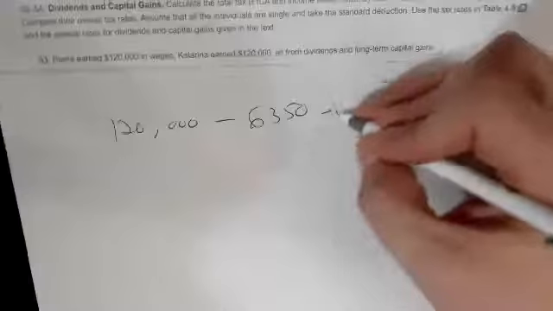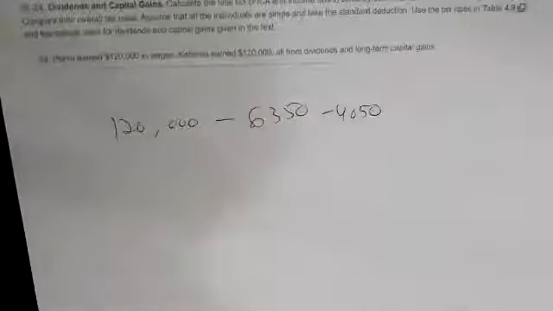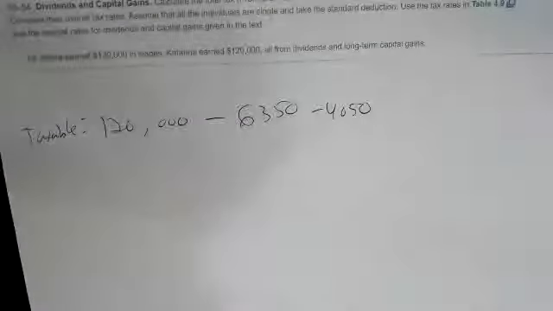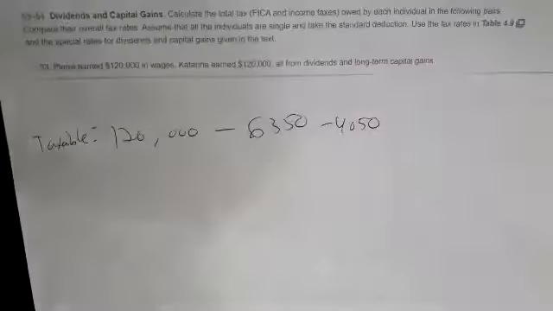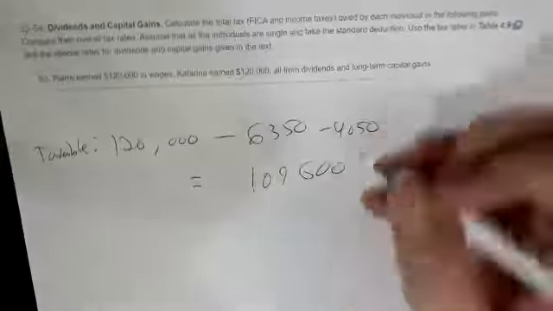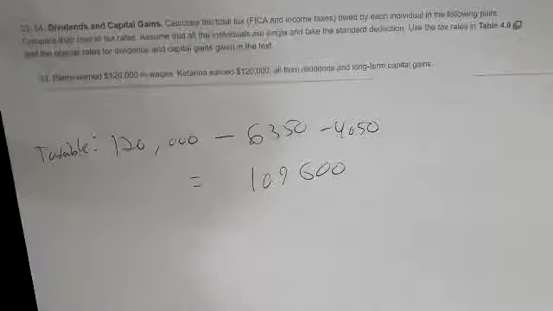This is his gross income. What we're trying to find at this point is taxable income, for Pierre now. 120,000 minus 6,350 minus 4,050 gives 109,600. I'm getting 109,600, and I want to take this to the table and do the tax calculation.